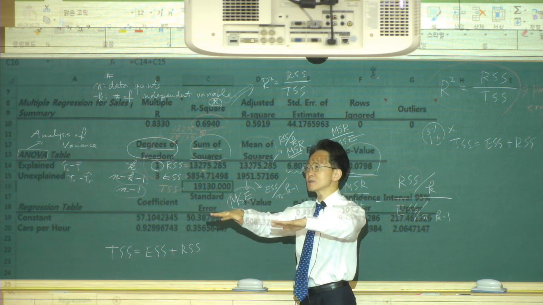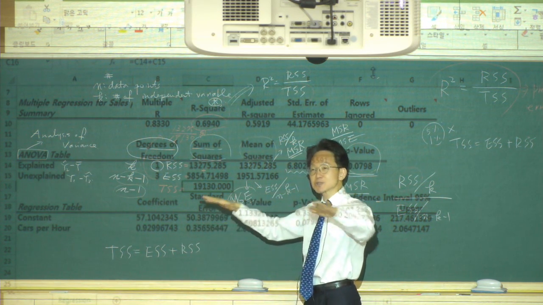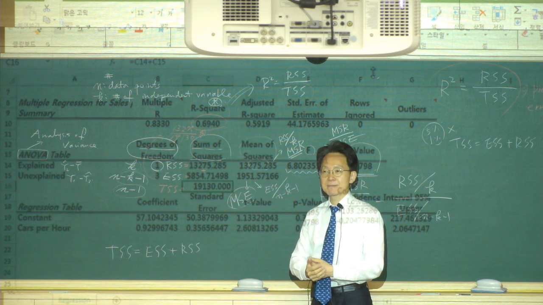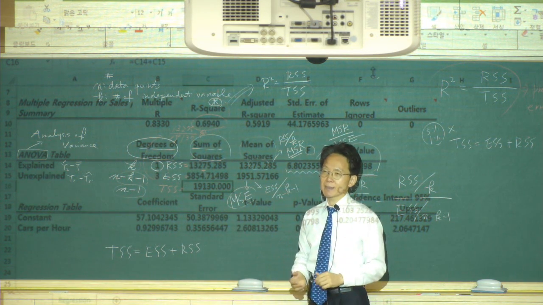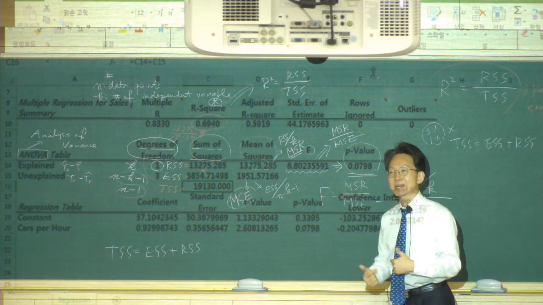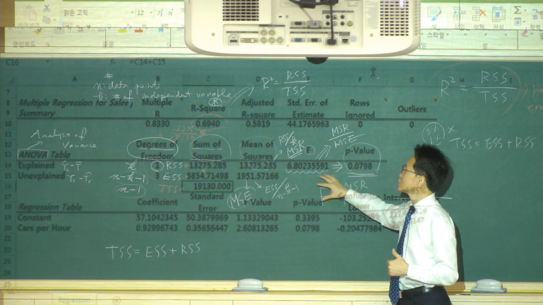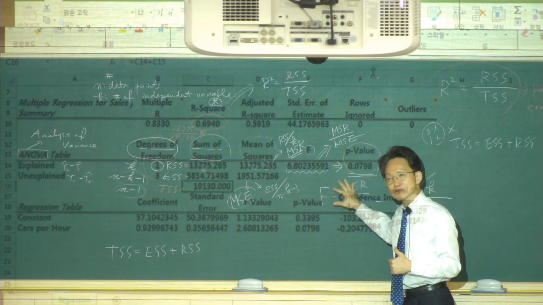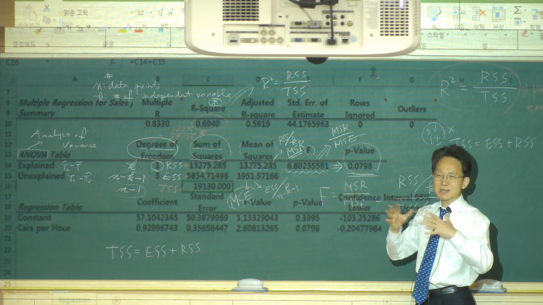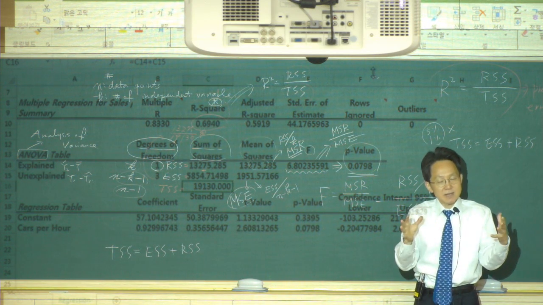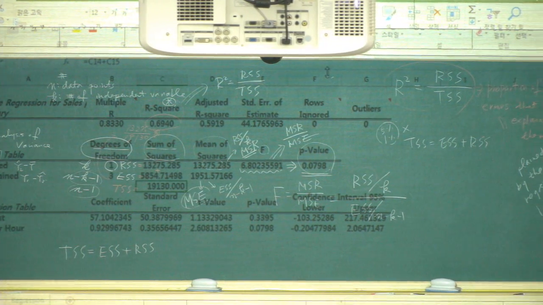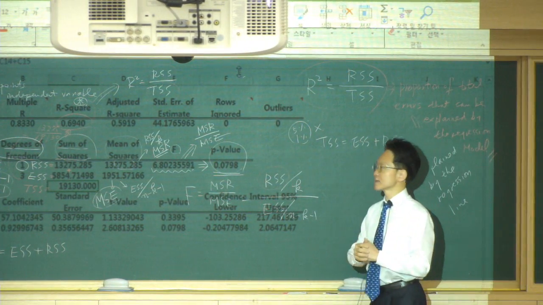If you go out into practice or a consulting company, they usually talk about whether R square is good or bad. But in academic research, we usually want to pay more attention to this F statistic. Okay? So that's a rule of thumb. It's not absolutely, theoretically true, but still a rule of thumb.